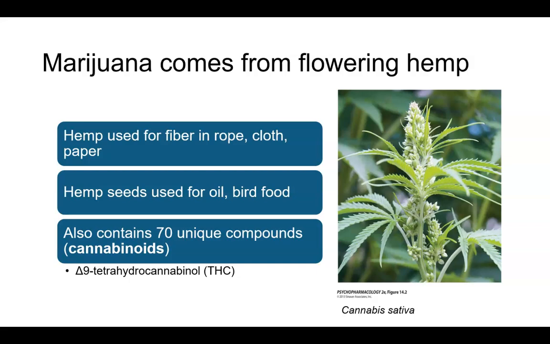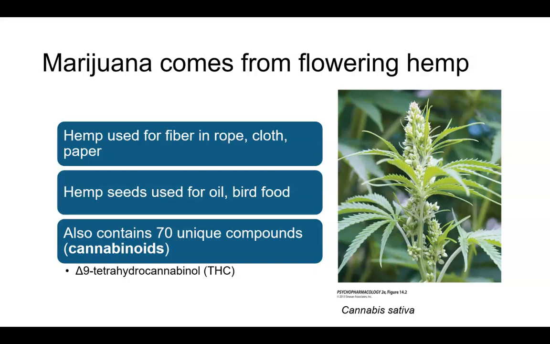Now, hemp historically has served a very important role in a lot of different cultures for making things like rope, cloth, even different things like paper, and the seeds of hemp have been used for oil and bird food. You can actually get hemp seed and put that in your salad. It's often a very good way of getting things like omega-3 fatty acids.